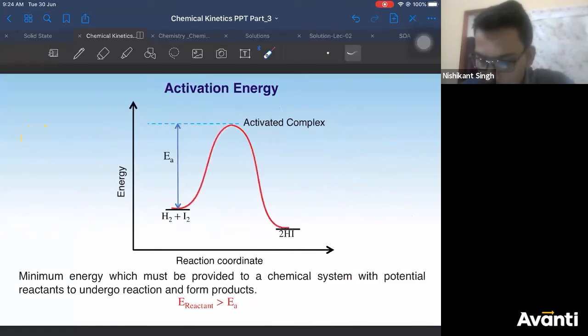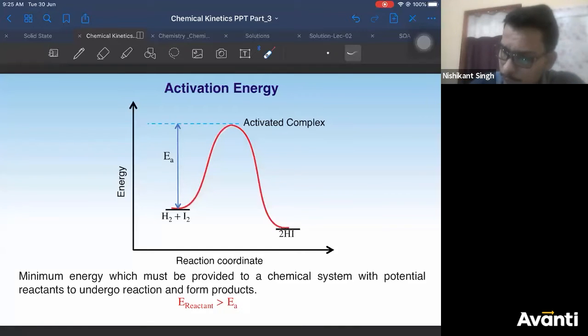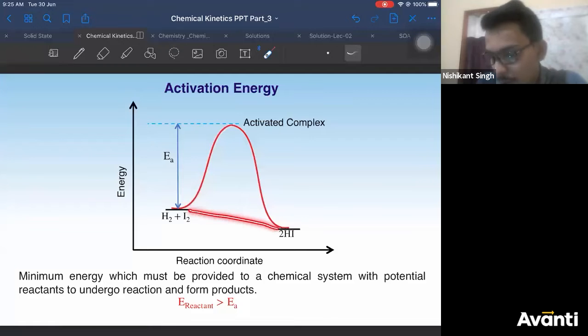Now let us come and understand this in the form of a graph. What does it mean actually? It means if you start with a reaction that is H2 plus I2, right? H2 plus I2 directly does not give product. It first forms an activated complex.